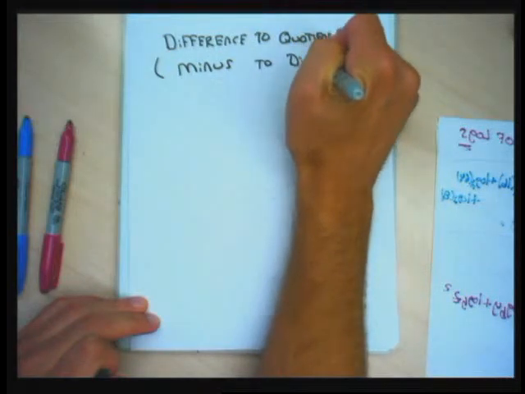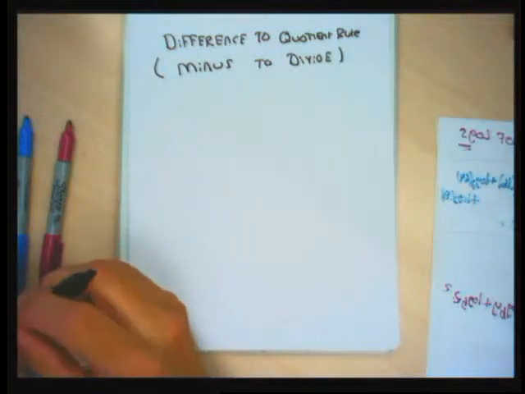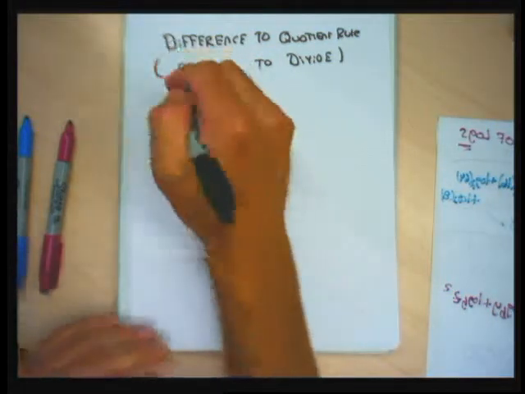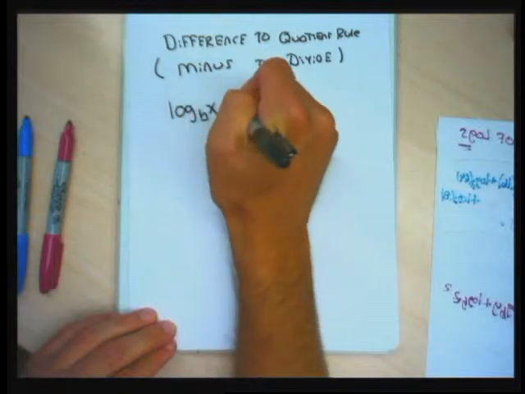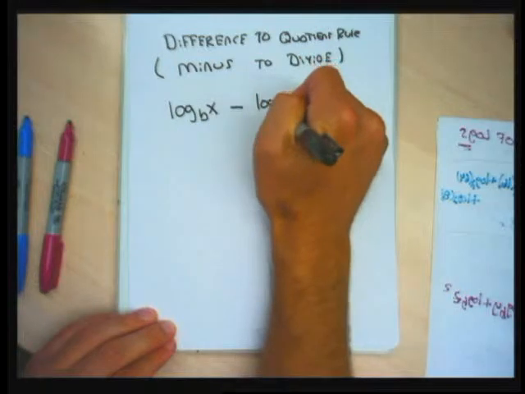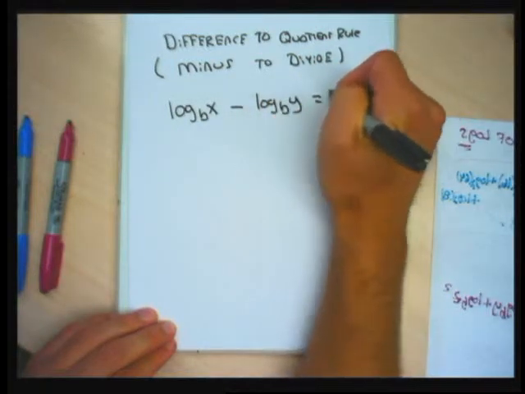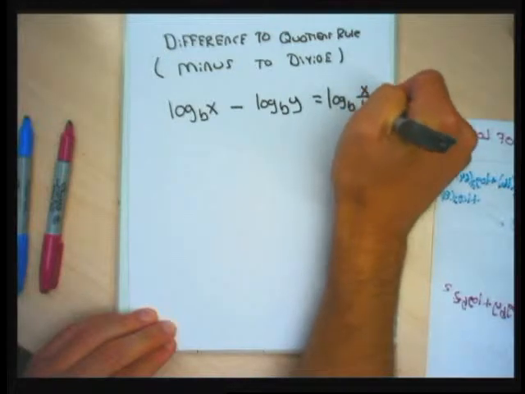Quotient means divide. And it's a bidirectional rule again. And I usually present the rule like this. The rule says the log base b of x minus, as opposed to plus, the log base b of y equals the log base b of x divided by y.